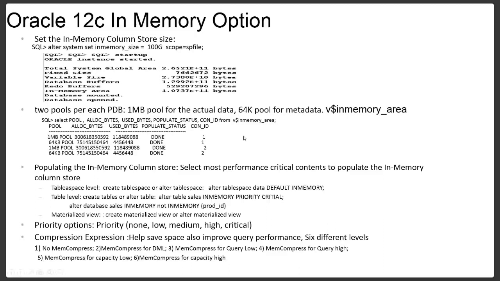But the default behavior you see with in-memory is this: if you issue a statement to load this whole table into the database, by default the table will load 50% of the rows into each RAC node, evenly distributed. For the two node case, this table will have 50% of the data loaded into in-memory in instance 1, and the other 50% in instance 2.